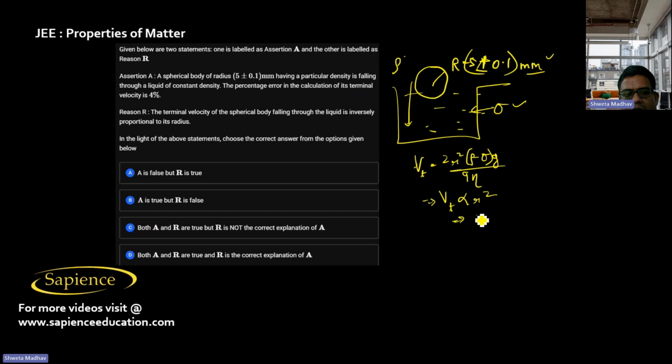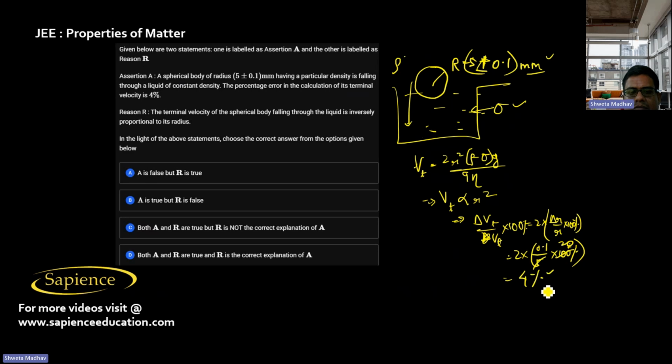So the percentage error in terminal velocity is equal to twice the percentage error in the radius. So the percentage error in the radius would be 0.1 by 5 into 100%. So this will be 2 into 2, that is 4%.